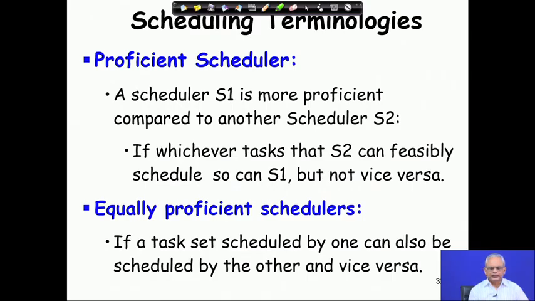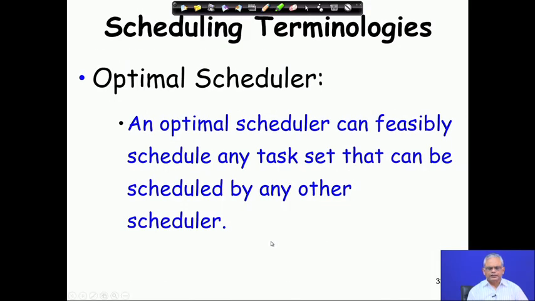We say that a scheduler S1 is more proficient than S2 if whenever S2 can feasibly schedule a task set, so can S1, but not vice versa. And we say two schedulers are equally proficient if for any task set that one scheduler can feasibly schedule, the other scheduler can also feasibly schedule. And an optimal scheduler is one which can feasibly schedule a task set which any other scheduler can schedule.